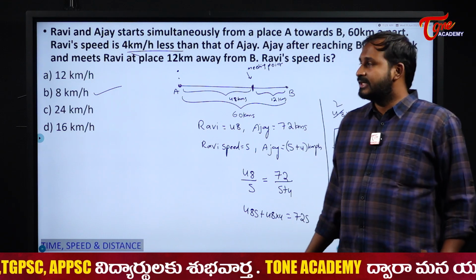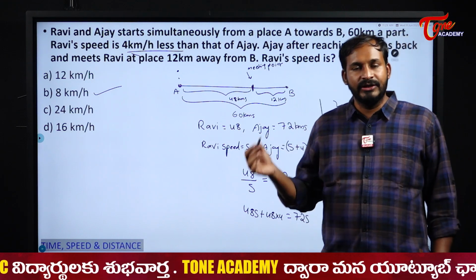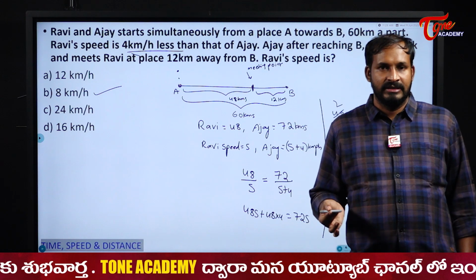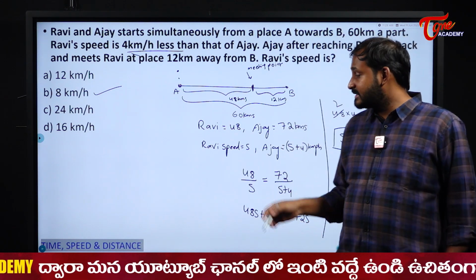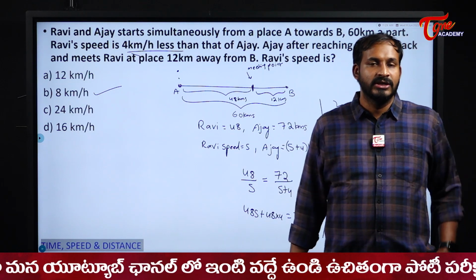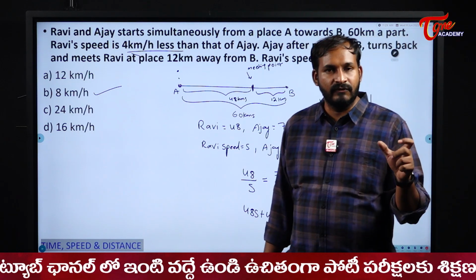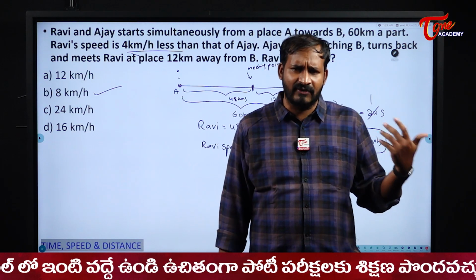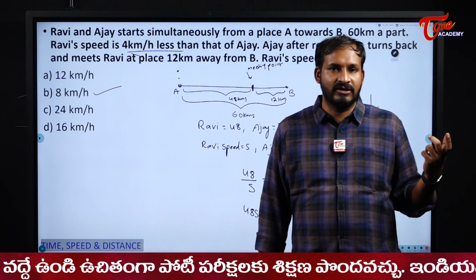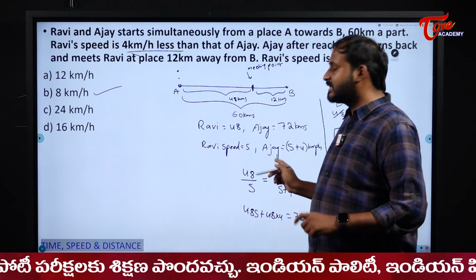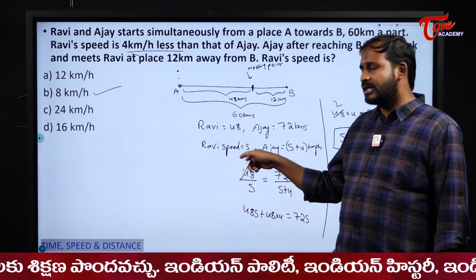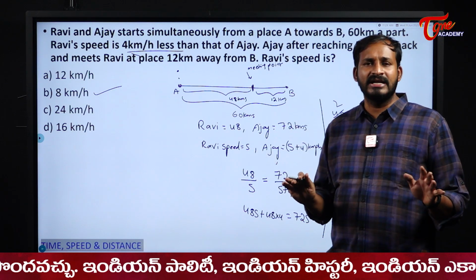See here students, one kind suggestion. Always take whatever value we need to find as X or S. Why? Because sometimes we need to put the options to get the answers. In those cases, this method will help us a lot. So always the required one which we need to find, take it as S, X, whatever it may be, that one take as the constant. Based on that, write the remaining values. Don't take Ajay's values as S and Ravi's as S minus 4. You will get the answer, there is no wrong in that.